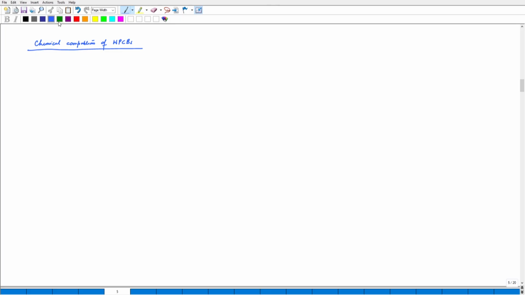We'll continue on chemical composition of WPCBs. So just now we have seen sources of WPCB. This is very important. Again, we are just assuming that we have a sorted e-waste stream, and then we were able to isolate the WPCBs.